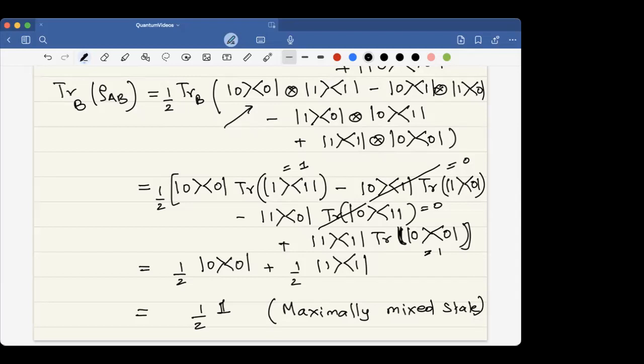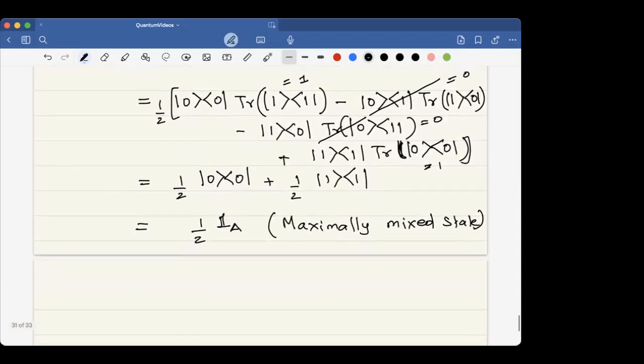And if I do the same operation by taking the partial trace over subsystem A, then again you will see that you get this state. I should say that this is a state of subsystem A. If I do the operation on subsystem B, so the trace over A of row AB, it will also lead to identity over 2. So this is again a maximally mixed state.